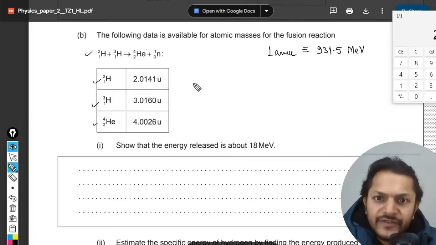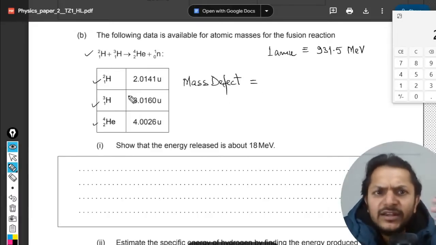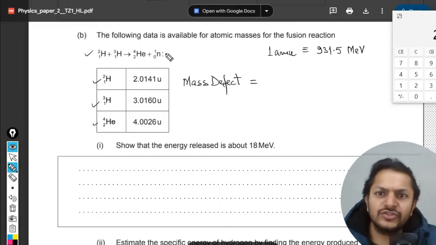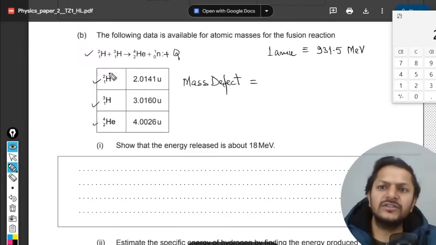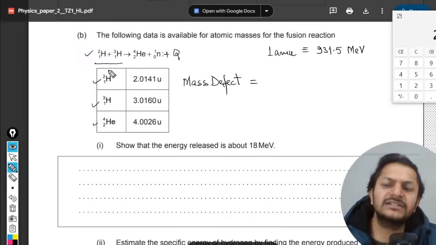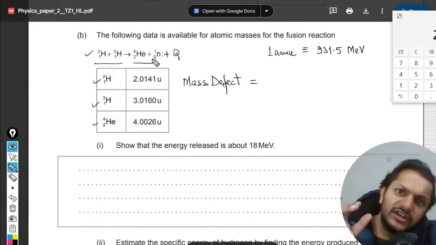So what is the mass defect? Obviously energy is produced in this reaction, so energy is a byproduct, which means that mass is converted into energy, which only means that initial mass was bigger. Now the mass will be lesser, which is converted into energy.